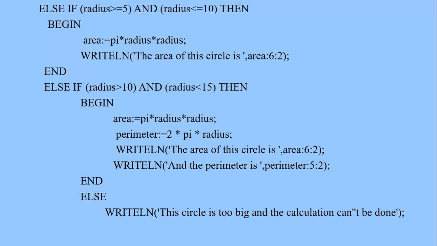Can, we have a quotation mark and T. We add another quotation mark. So the 2 quotation marks there help the compiler know that what is there is a character. So that's how we write it, and then we end the program.